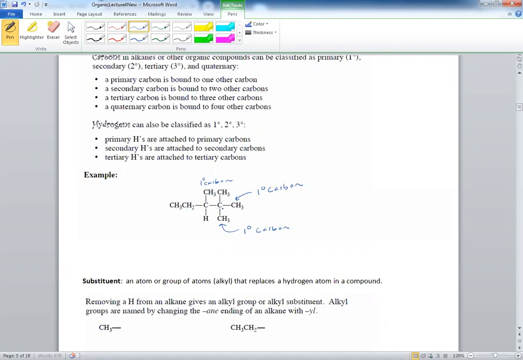Are there any more primary carbons? Yep, there's this one, that one too. So you have 1, 2, 3, and 4. And of course, you have the 5th one right there if you haven't seen it. Once again, the bond may not be shown, but it's just a carbon attached to 1 other carbon. So in this case, you have 5 primary carbons.